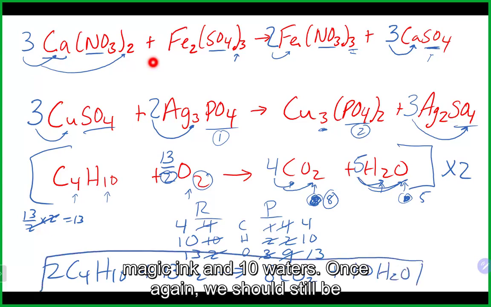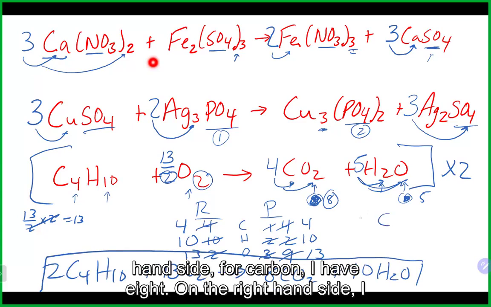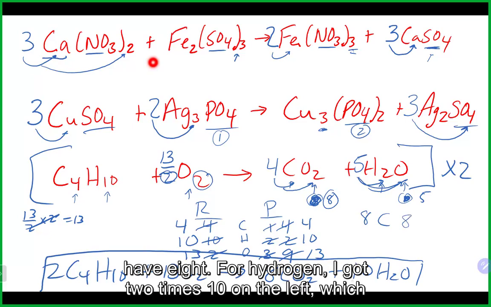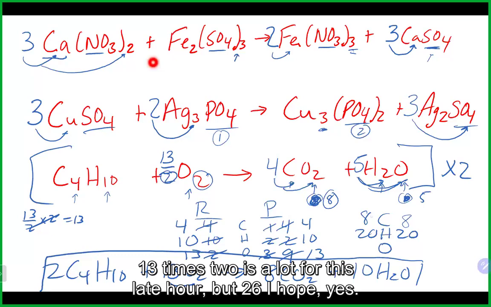Once again, we should still be balanced, even though I wrote really badly there. On the left-hand side for carbon, I have 8. On the right-hand side, I have 8. For hydrogen, I got 2 times 10 on the left, which is 20. 10 times 2 on the right, which is 20. Oxygen on the left, 13 times 2 is 26, I hope, yes.